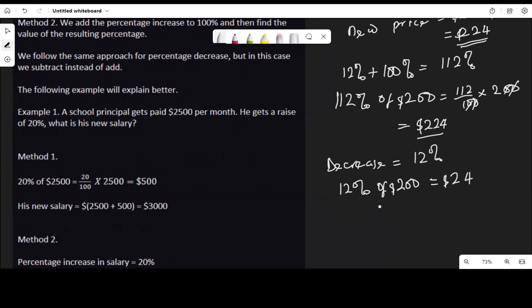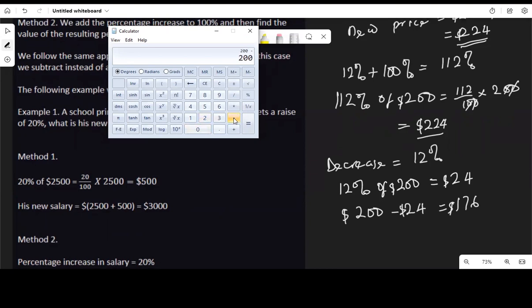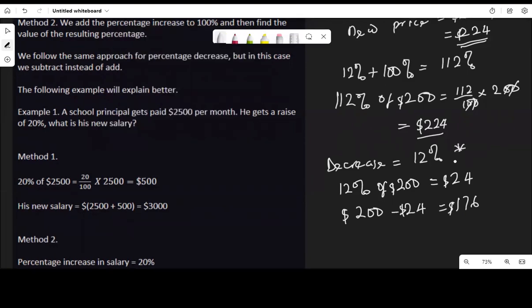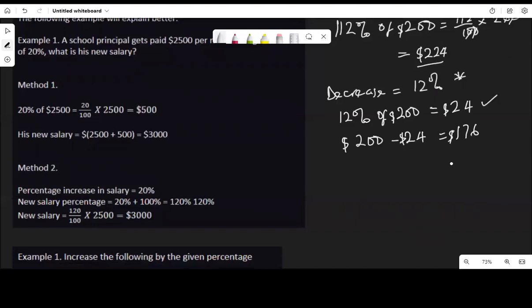So we subtract $24 from $200. 200 minus $24 will give us $176. Let me confirm that. 200 minus 24. Yes, I'm right. So here we first calculate the decrease and then subtract that decrease from the original price, which is 200.